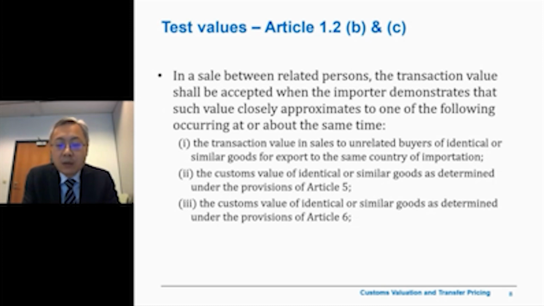If we could find the transfer price and the test value are close enough to each other, we can see there is no influence. Although the buyer and the seller are related, there is no influence of the relationship on the price. Therefore, this declared price, this transfer price, is acceptable to customs.